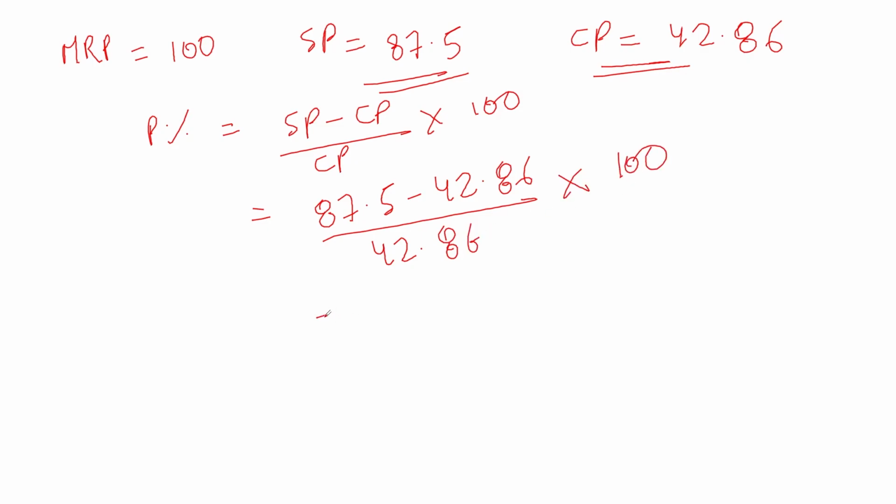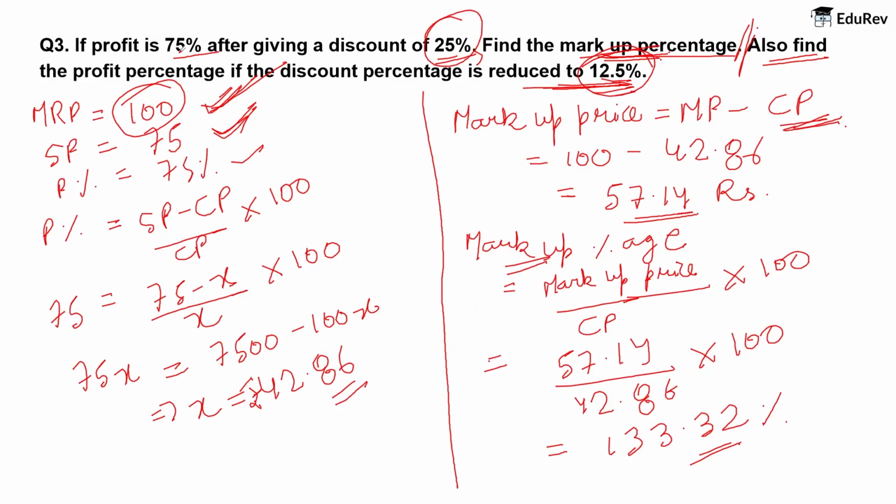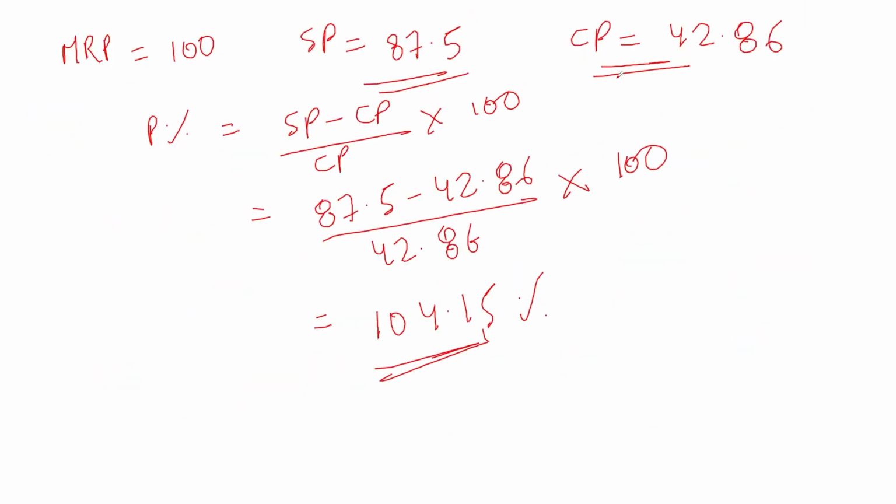So using your on-screen calculator, when you solve this particular thing, you get your new profit percentage as 104.15%. So you can see earlier the profit percentage was 75% when the discount was 25%. Now when the discount is reduced to half, that is 12.5%, the new profit percentage has increased from 75 to 104.15%.